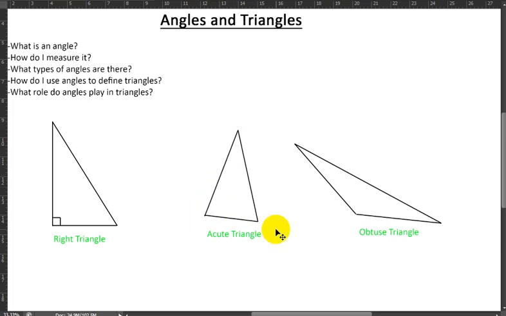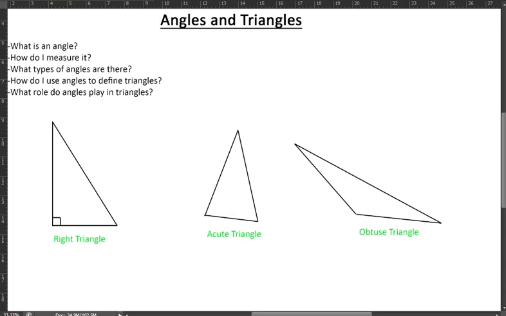An obtuse triangle has 1 angle that is obtuse, which means it's really big, really wide. So this one here is really wide. Since it has an obtuse angle, the other 2 need to be acute.